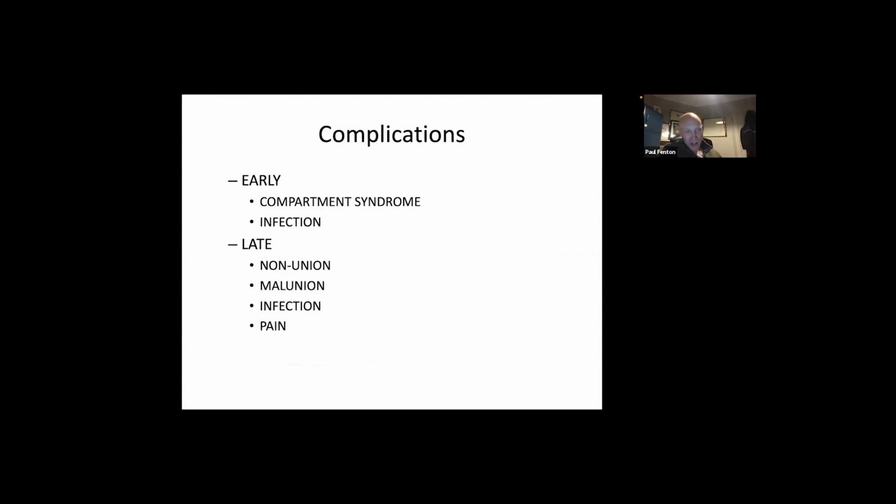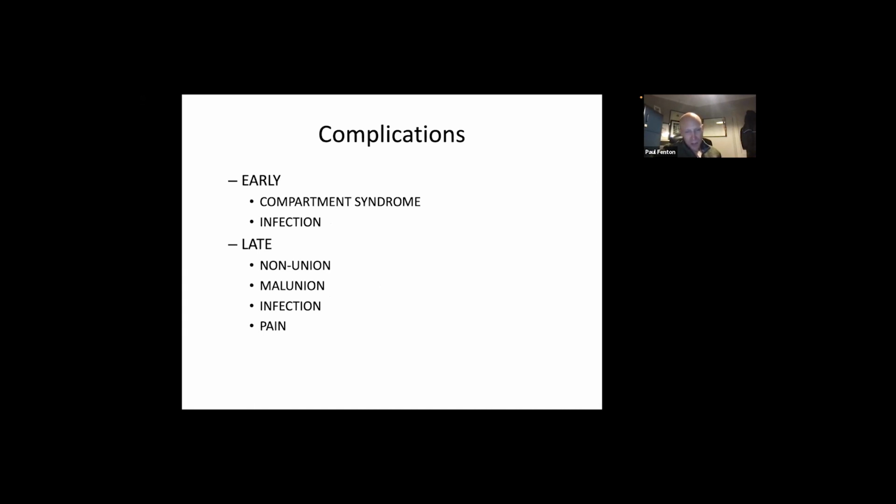As you can probably imagine, these are difficult injuries and complications are pretty common. So the immediate complications would be compartment syndrome, which we've discussed a little bit, and then infection. That infection can present early on, can present late. And then later on, we can get problems with bone healing, either delayed healing of the bone or problems with malalignment.